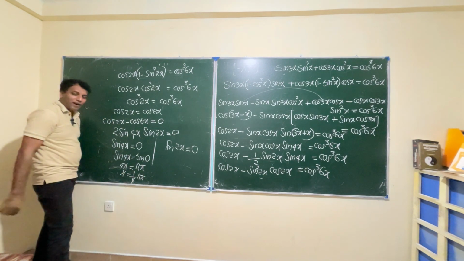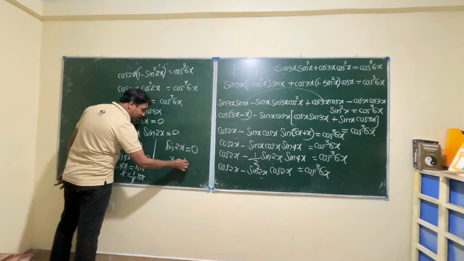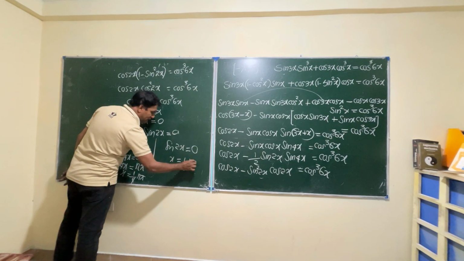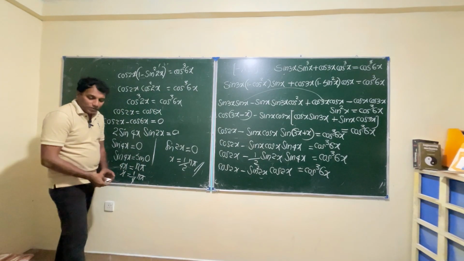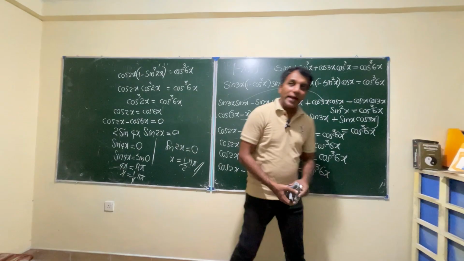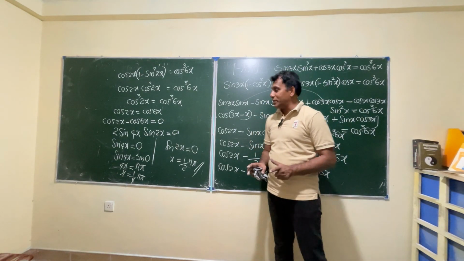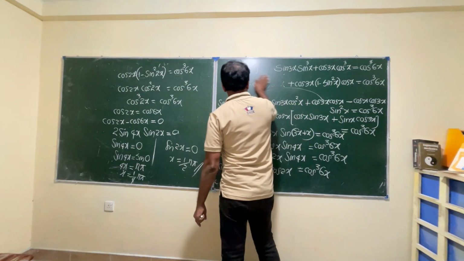The same answer here, x equals half into n pi. This is the general solution, a more suitable problem for any pure maths papers, combined maths papers, grade 12, grade 13 or final exam papers.